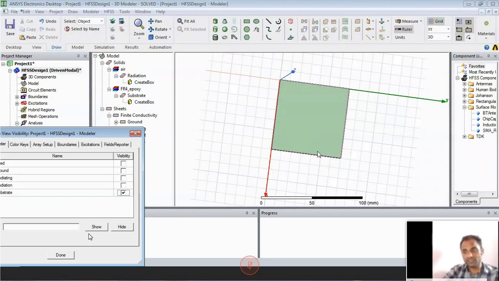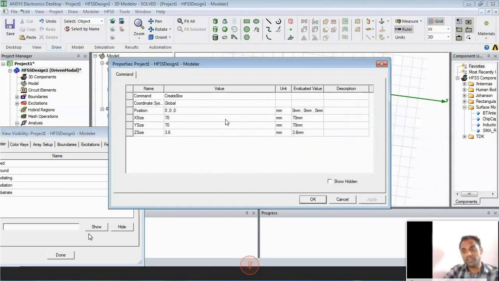So we give exact values for our calculated things. So 70, 70 and 3.6. Here H is 3.6. Why am I taking H as 3.6? Based upon the calculation we got a 3.6 mm thickness.